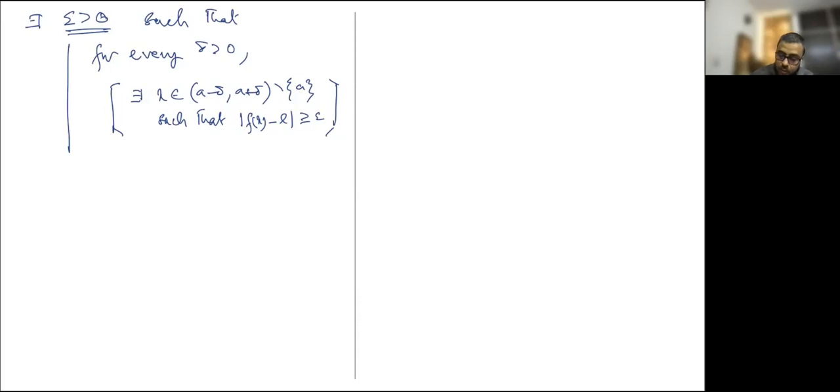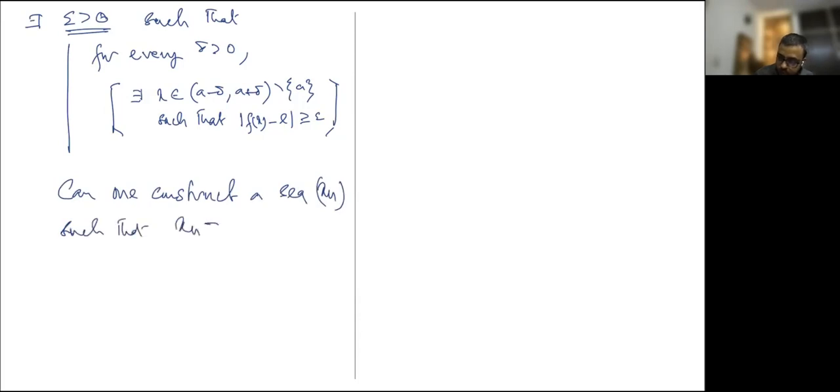Now, using this, can one construct a sequence x_n such that x_n's are different from A, limit x_n equal to A, but limit f(x_n) not equal to L?